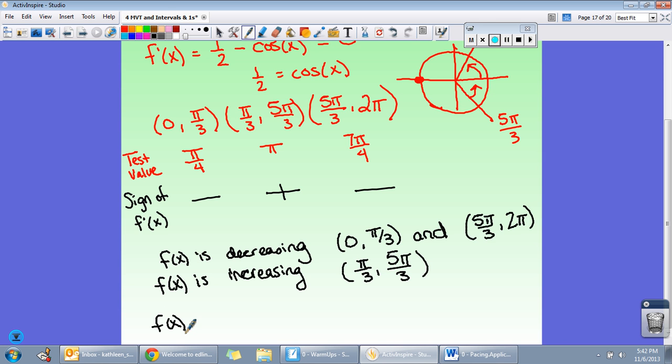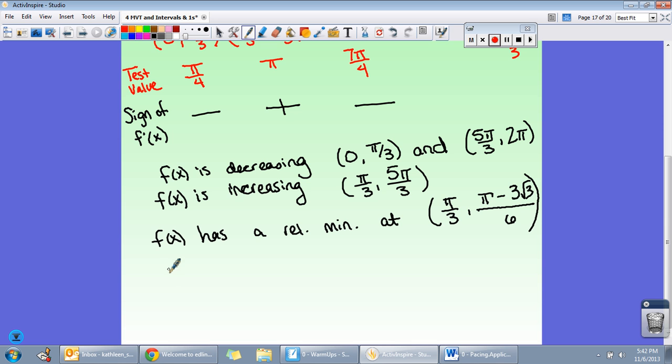We know that f of x has a relative min at the point pi over 3, and the y value for that is complicated. It's pi minus 3 square roots of 3 all over 6.